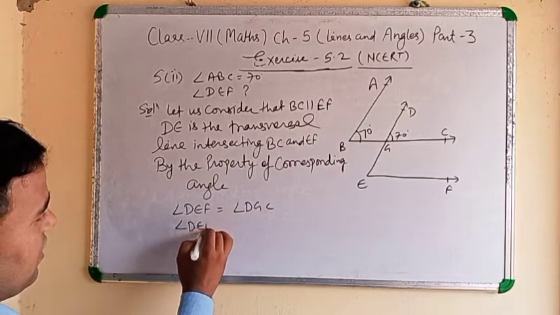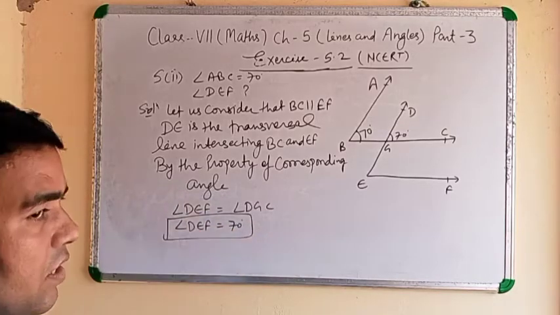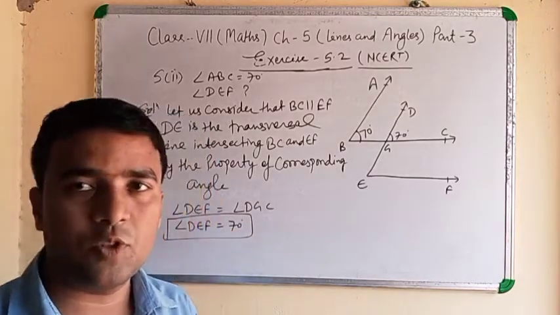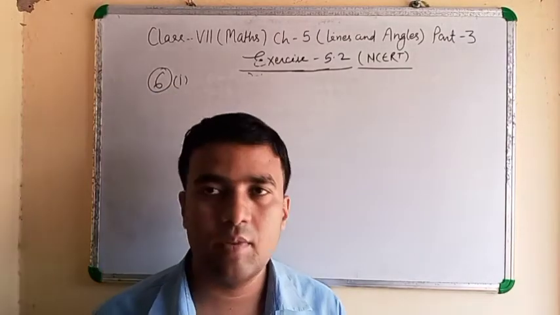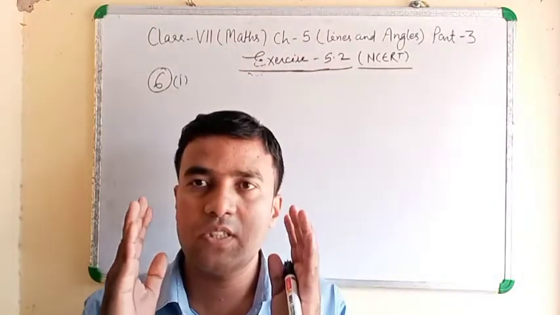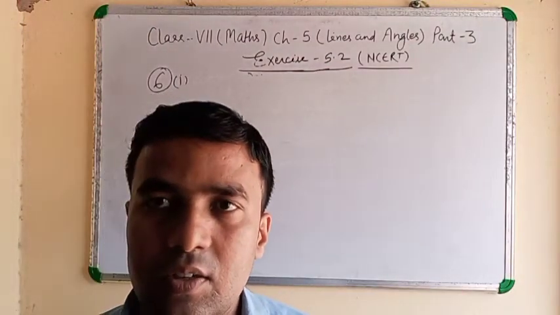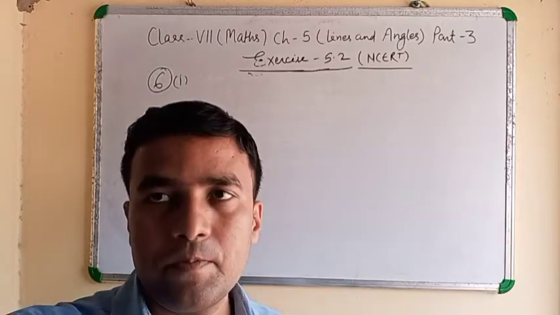Angle DEF equal to 70 degree. Clear? Note down. In question number 6, 4 parts are given. 1 part I will explain, and the rest 3 parts you will do by the same process. Clear? You follow the same process, but listen to the first part very carefully.